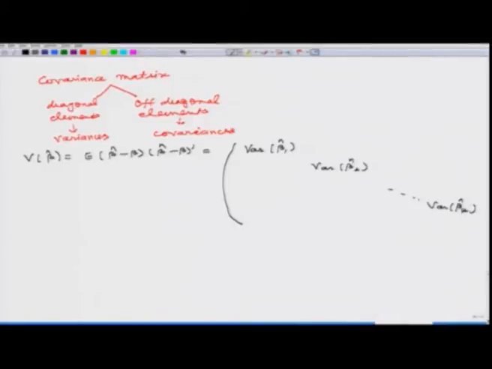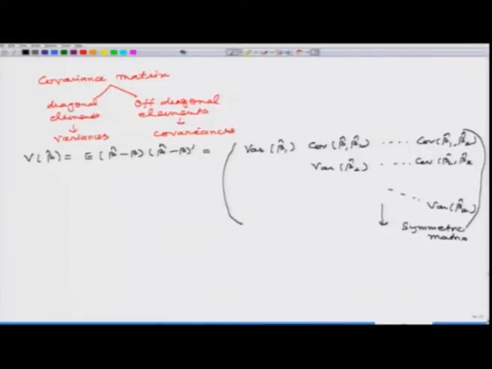And on the off diagonal elements, for example, this will be covariance between beta 1 hat and beta 2 hat, up to covariance between beta 1 hat and beta k hat, and similarly covariance between beta 2 hat and beta k hat. So, this is a symmetric matrix, because covariance between Xi and Xj is the same as the covariance between Xj and Xi.